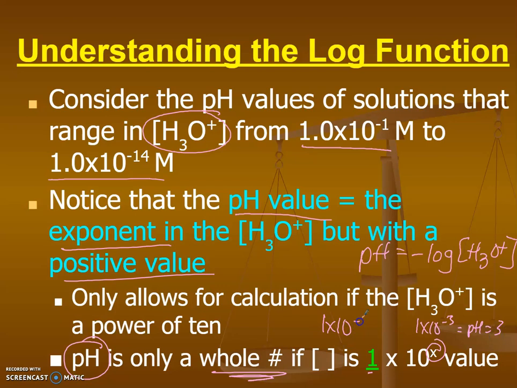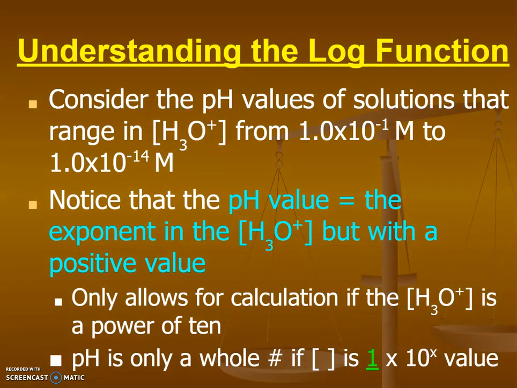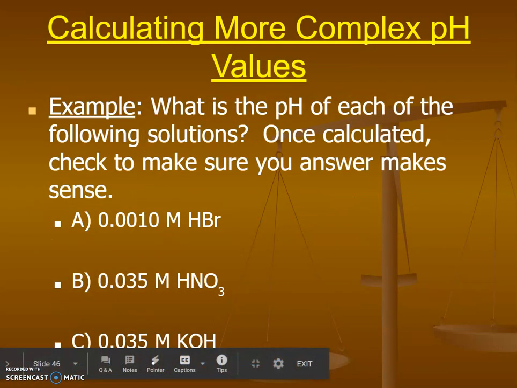If it's 1 times 10 to the negative 10th, it's going to be a pH of 10 and it's going to be a base. Very easy if it's 1 times 10 to something, because it's just figuring out your exponent. So what we're going to be doing in these next couple of slides is figuring out when it's not going to be a nice easy value.